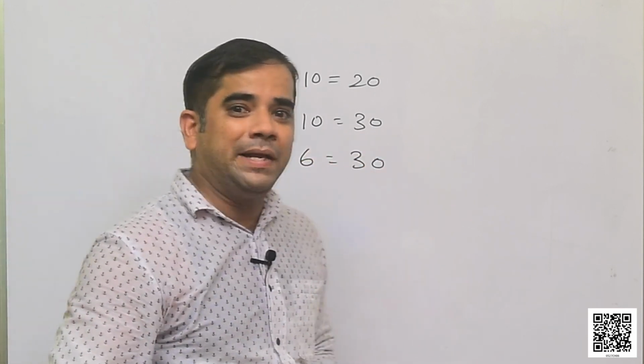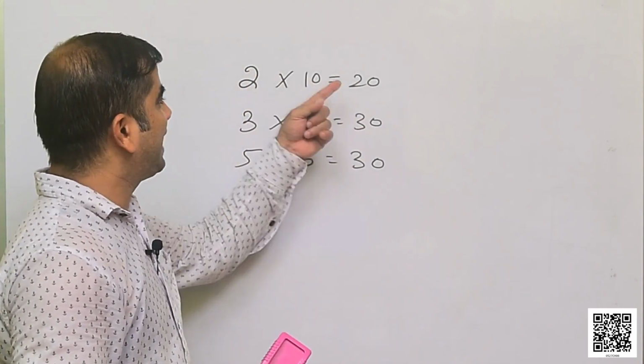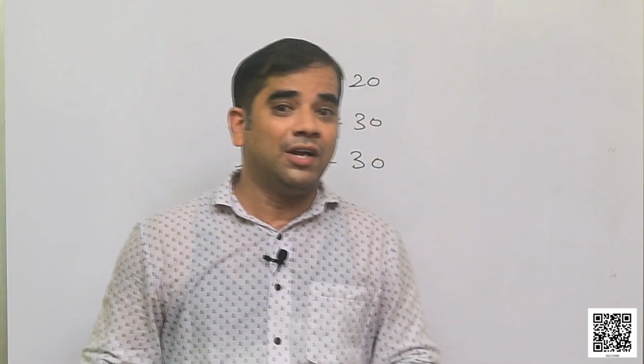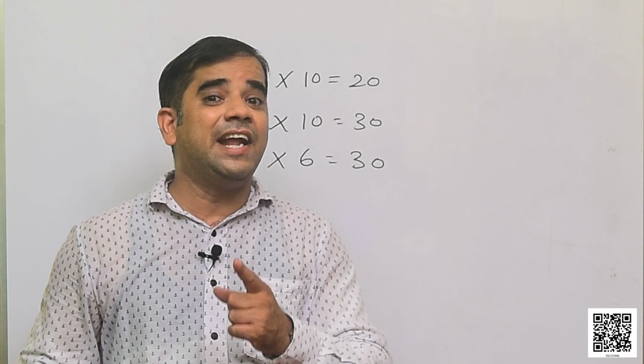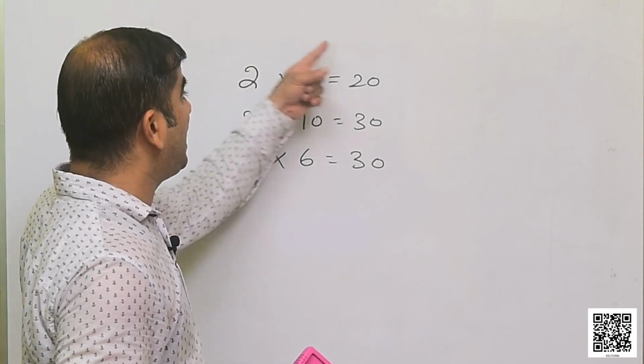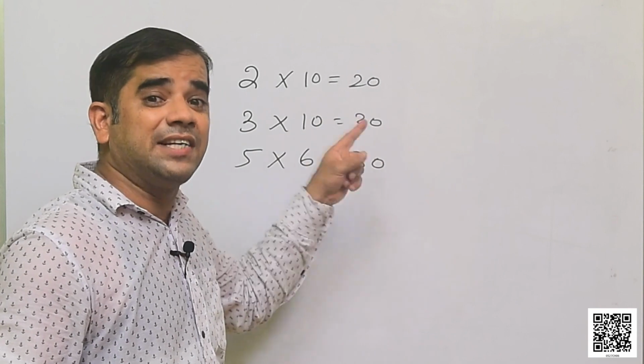You might be thinking that, sir, there is no 30 in 2's table. But what I have told you before, there is a never ending process of multiplication of any number. It doesn't mean that we learn up to 10 and the multiplication ends at 10.